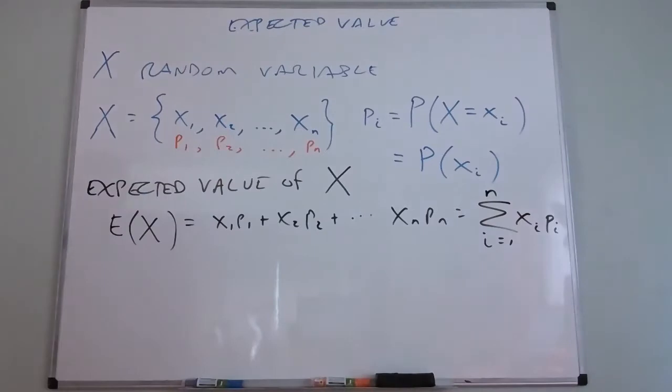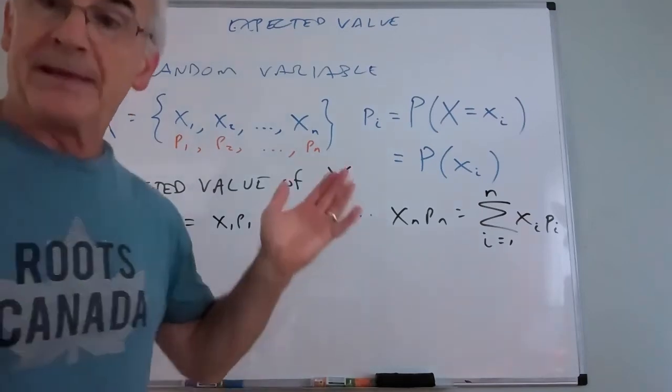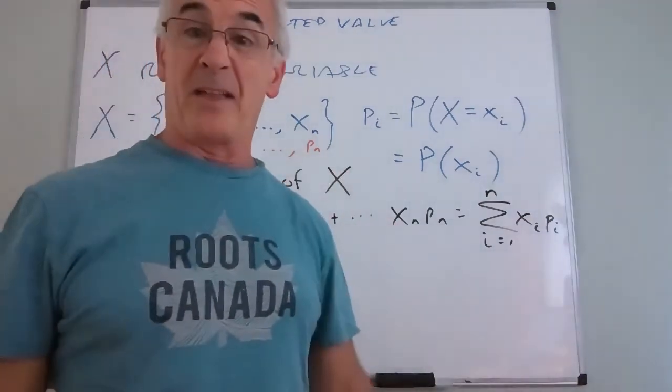This is the formal definition of expected value of any experiment. I take the value of each outcome, multiply by its probability, and I simply add them up. Okay, it's really not all that complicated.